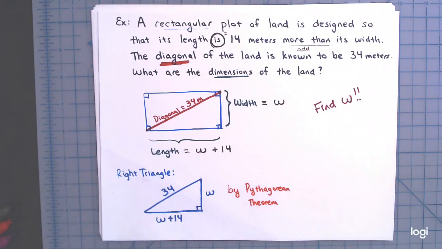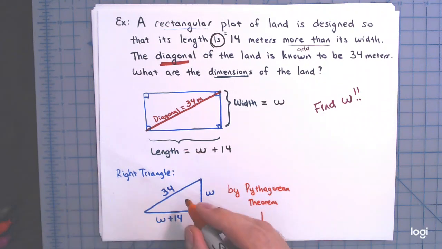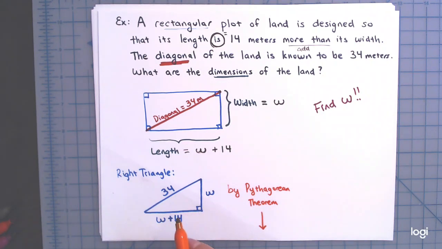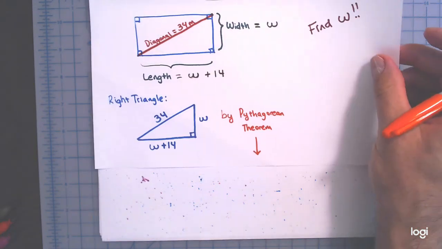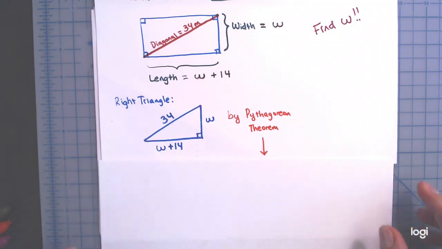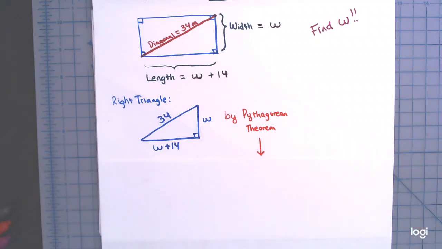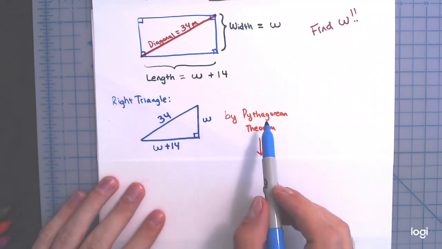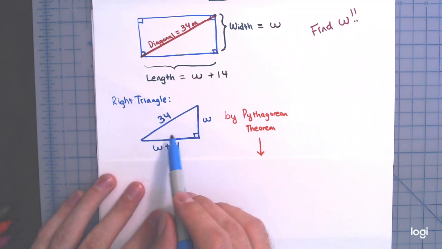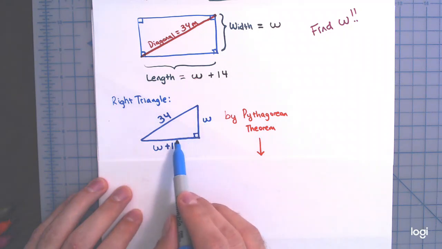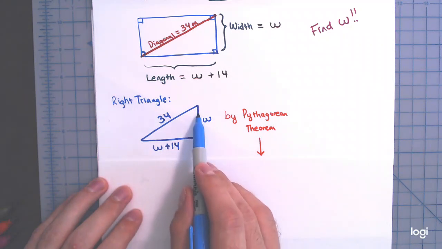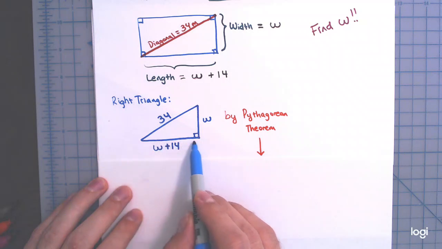But the Pythagorean Theorem states that if you have a right triangle, like I do here, you can set up an equation involving the squares of the lengths of the sides. And that equation will look like the following. By the Pythagorean Theorem, I've got a right triangle here. You take one of the legs. Now the legs are the sides that form the 90-degree angle.